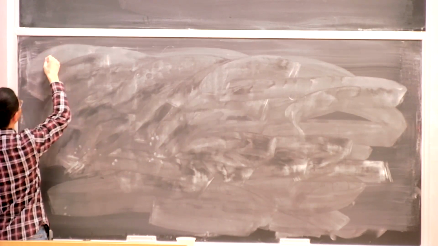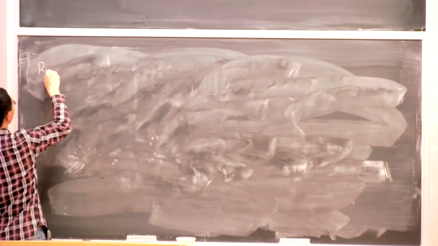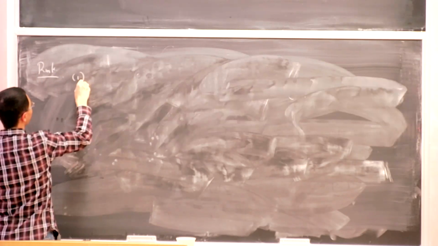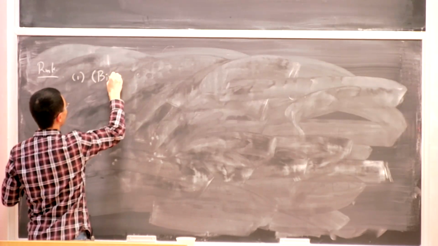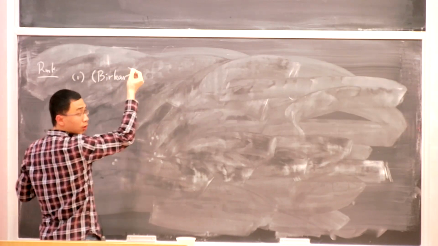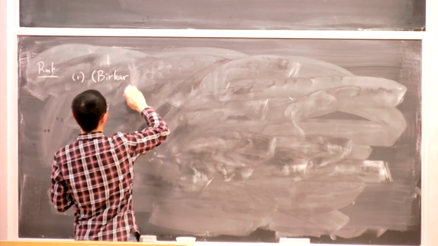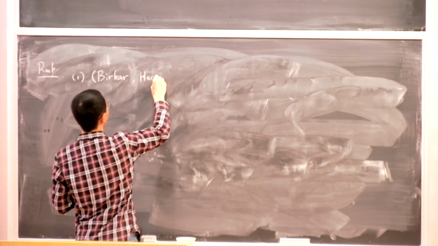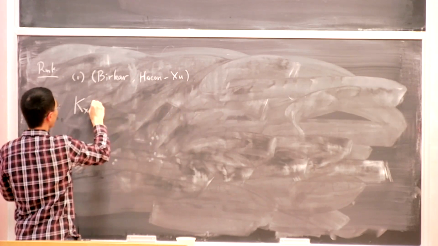Well, let me remind you of some of the theorems that were already known before. For instance, one special case of this was already proven by Kollár, where he actually proved a much stronger result, and I guess it's also independently proven by Hacon and Xu.